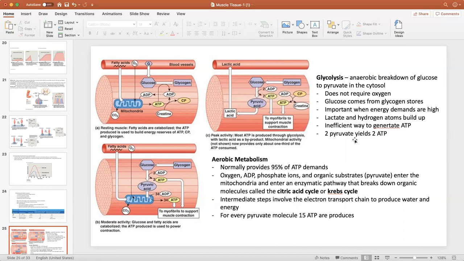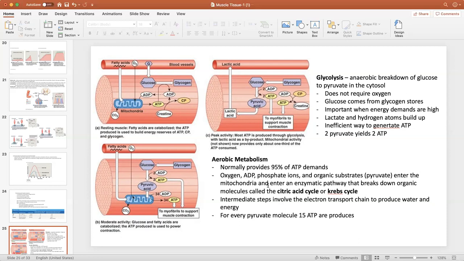So 2 pyruvate yields 2 ATP. So not a highly effective system. And we also develop a bunch of lactate and hydrogen atoms, so lactic acid builds up in our muscle too. So not an efficient system, but this is what occurs when we don't have oxygen.